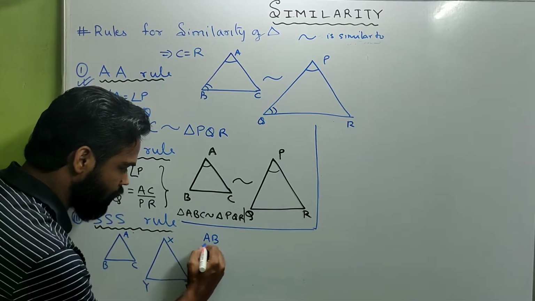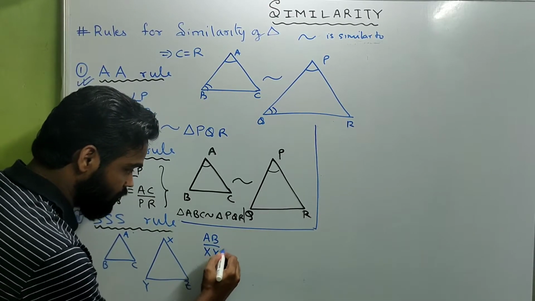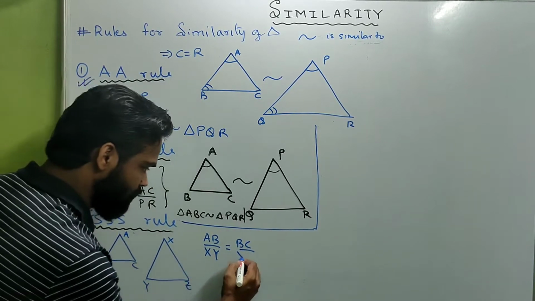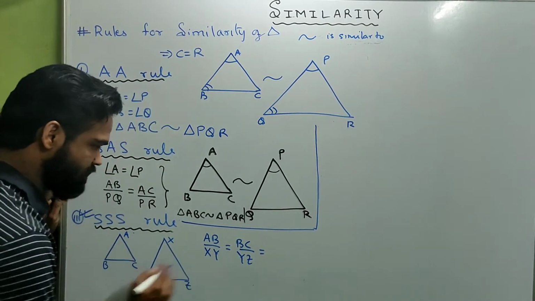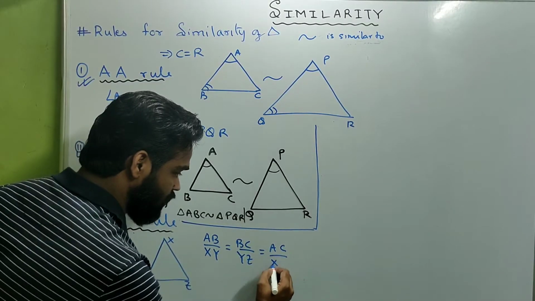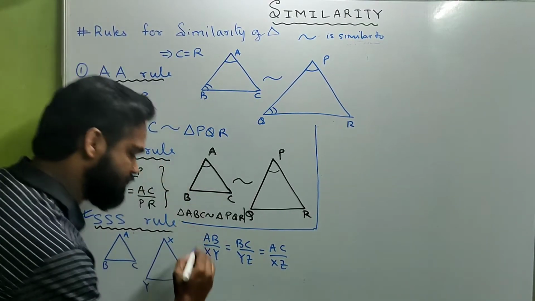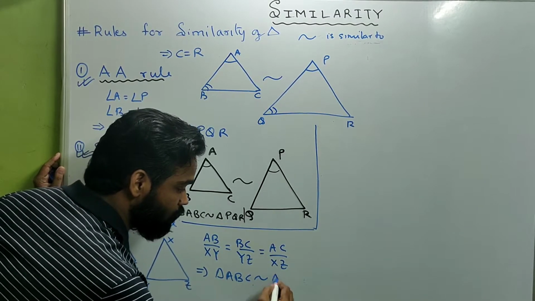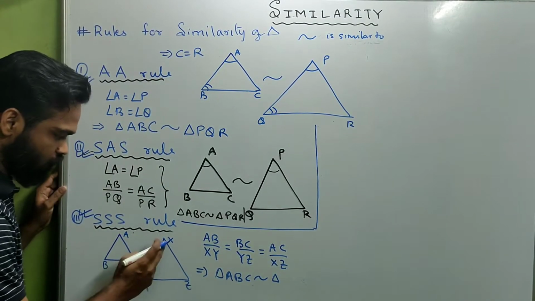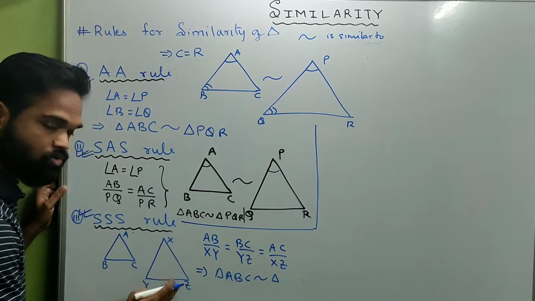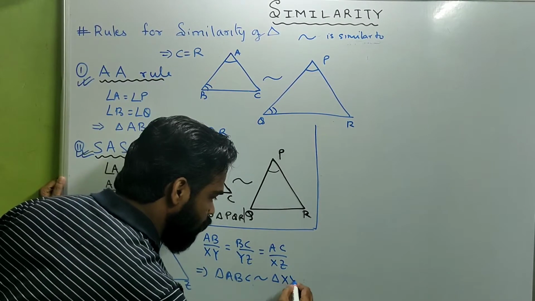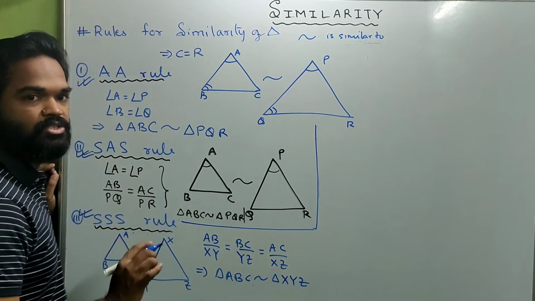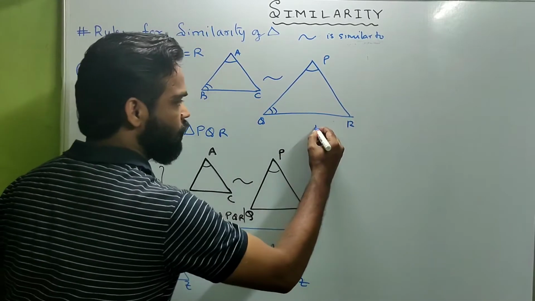AB by XY is equal to BC by YZ is equal to AC by XZ. Then we can say that triangle ABC is similar to triangle XYZ, where A corresponds to X, B corresponds to Y, and C corresponds to Z. So these are the three conditions. Now look, one very important thing over here.